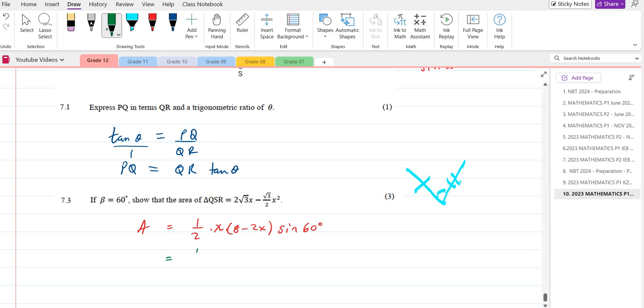So we got half into... let's open this up.